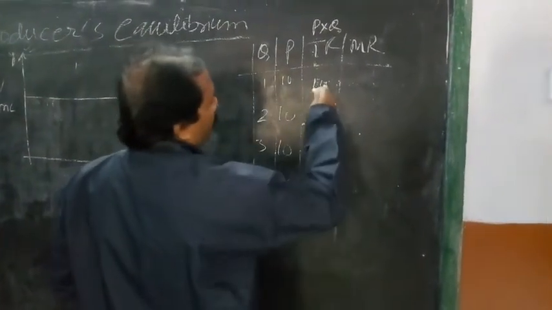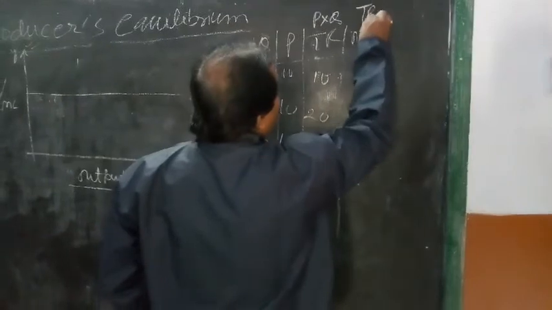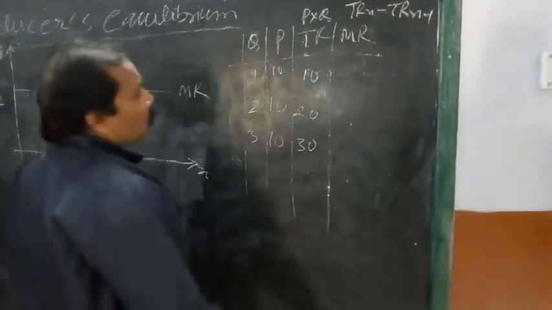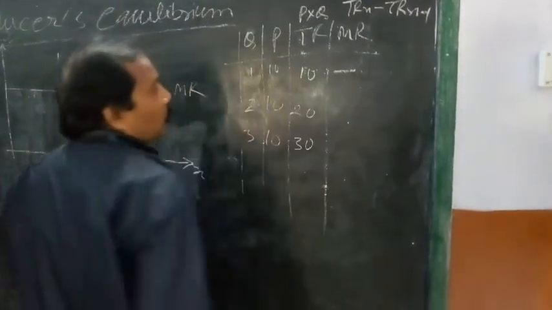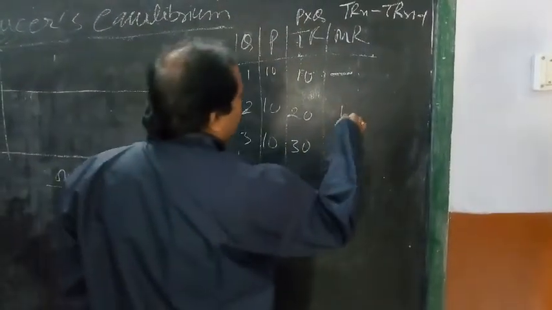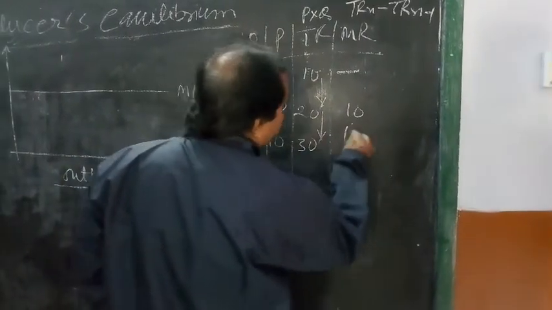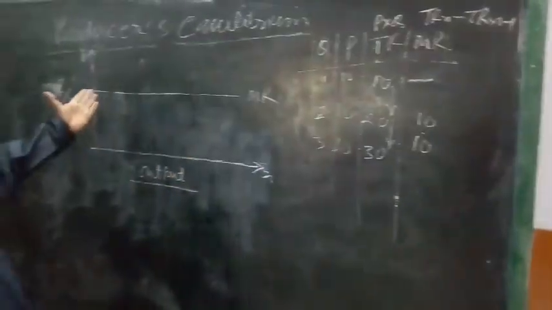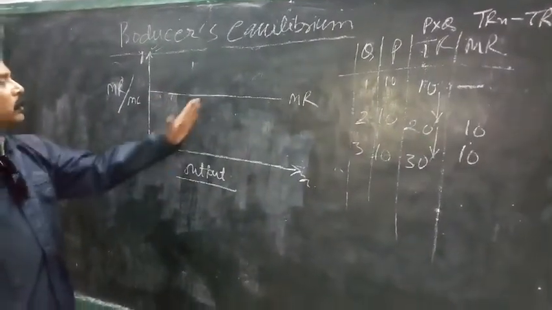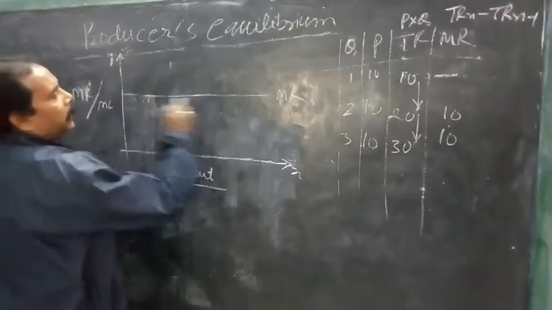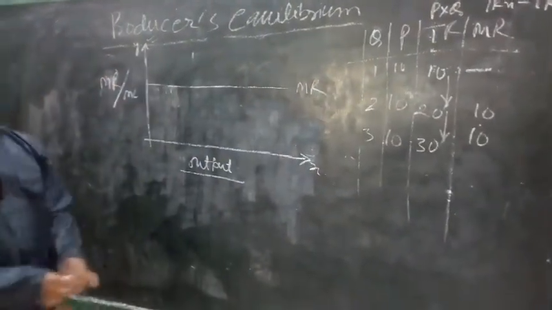That's why MR is TRn minus TRn minus 1. So there is no change, the difference is 10, again the difference is 10. So MR is always constant at all levels of output, and that's why MR is a straight line parallel to the x-axis.